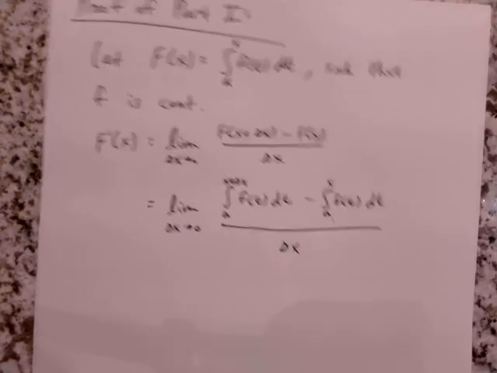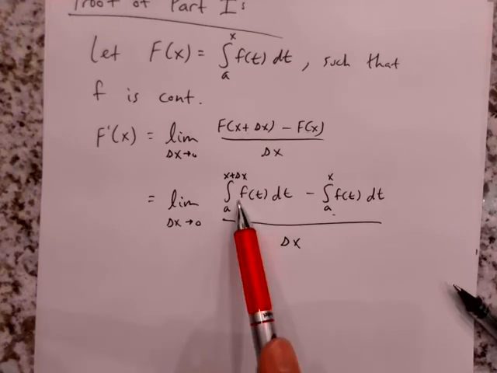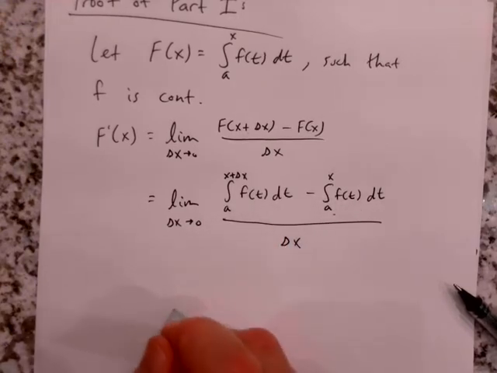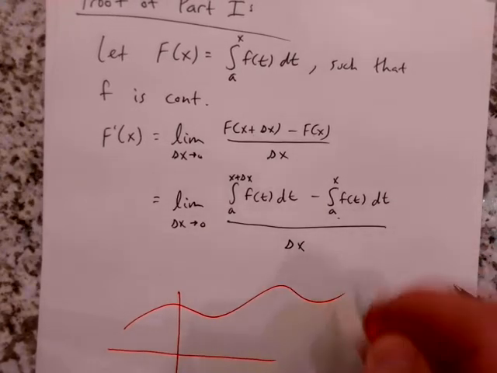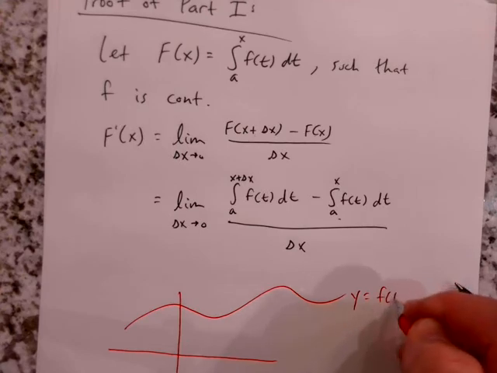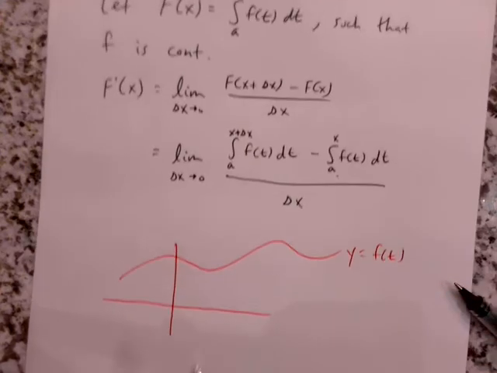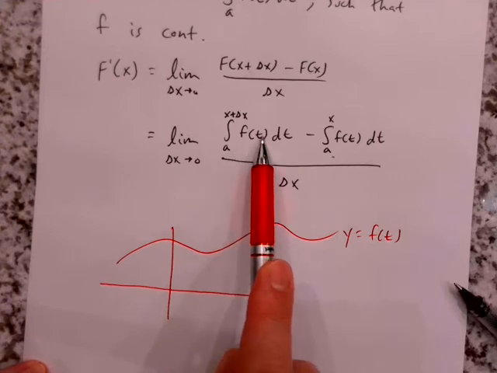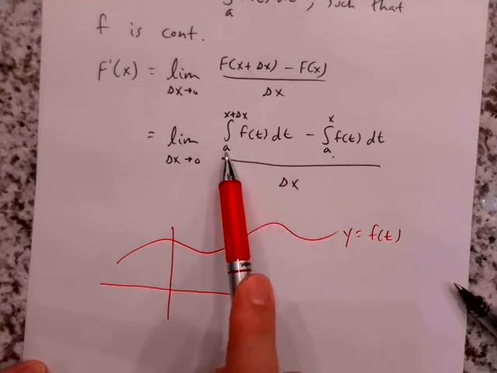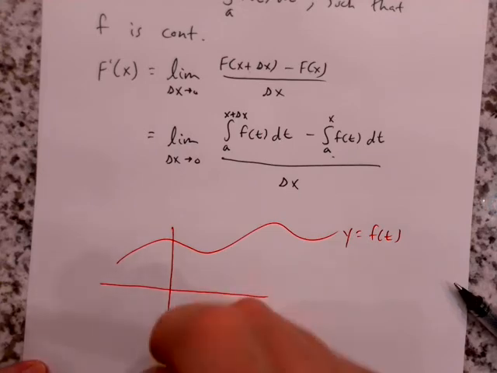For our next step, let's see what this actually looks like. So if we had some continuous function f of t, this integral gives us the area between that function and that axis from a until some point x plus delta x.